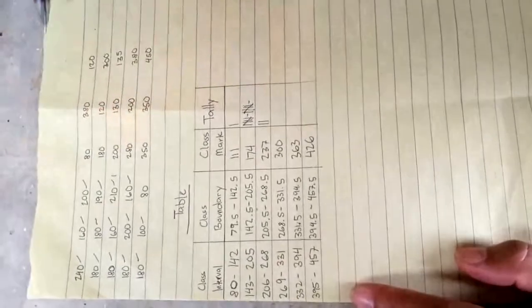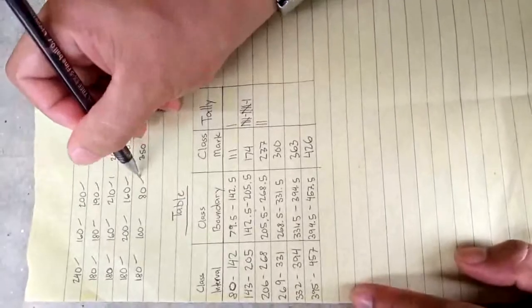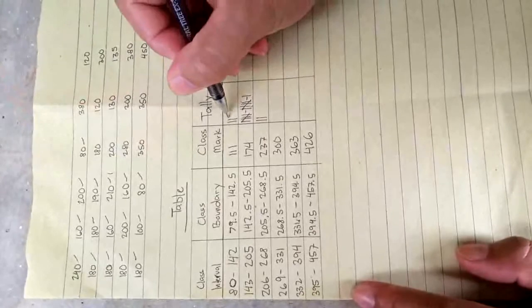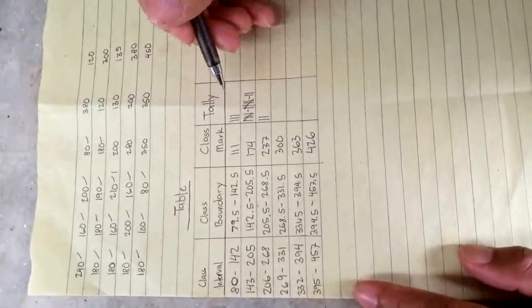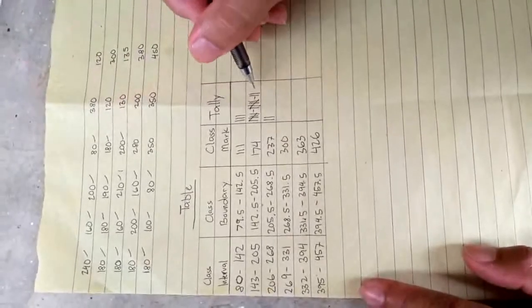Then 160 belongs to the second row. 80 is in the first row. The same, 180 is in the second row. 200 is also in the second row.